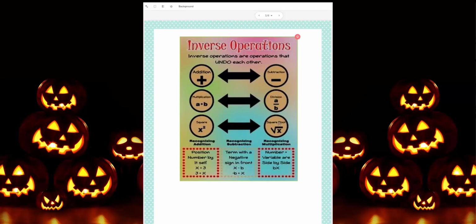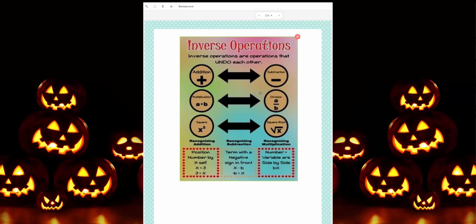Okay, now don't worry about these 2 down here. We will be getting to those eventually, but we are going to focus primarily on these 4 operations up here. Okay, so addition and subtraction are inverse operations, and they cancel each other out. Okay, and canceling out numbers is the name of the game when it comes to solving for the value of a variable in an equation.